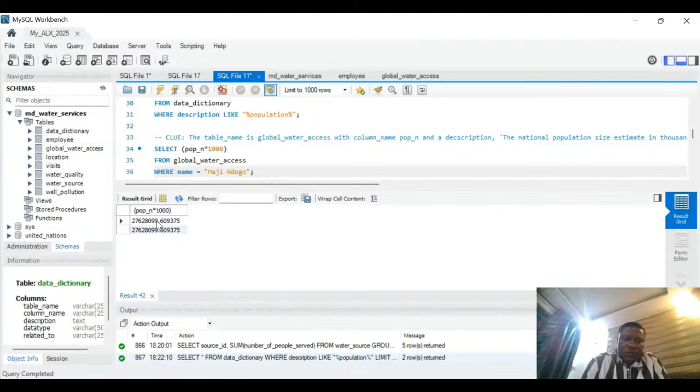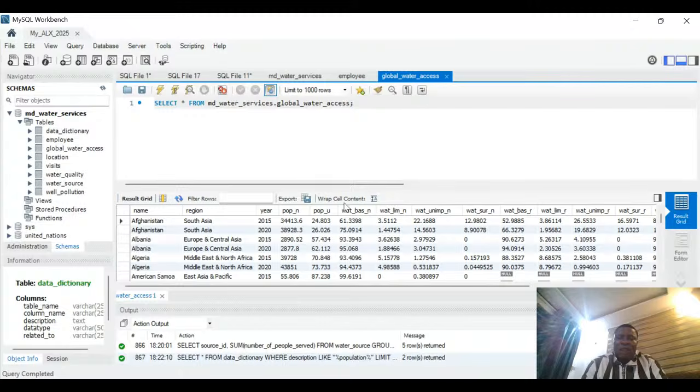We have 1, 2, 3, 4, 5, 6. And then we have what? 7, 8, which means that it is 27.628099 near 3. That is what we are having here, because both of these two figures are all, you remember when you go to the table, let's look at what we have here.